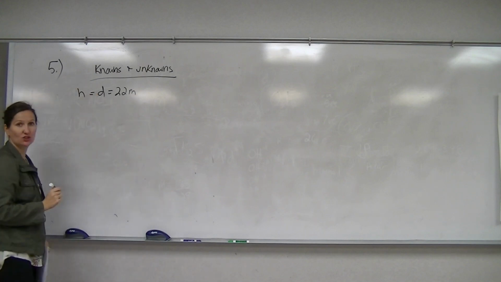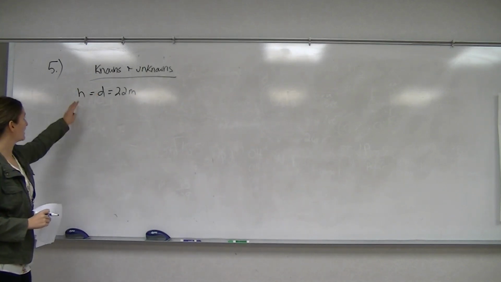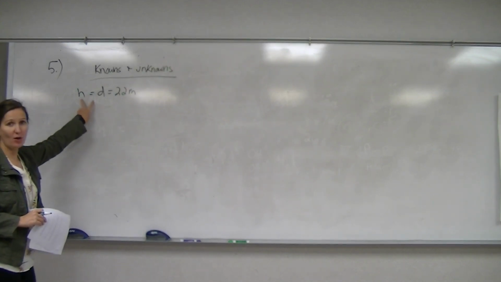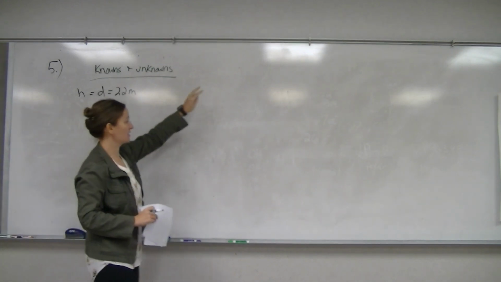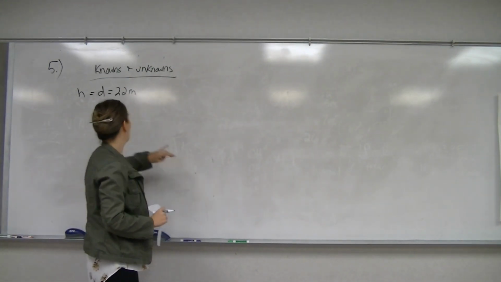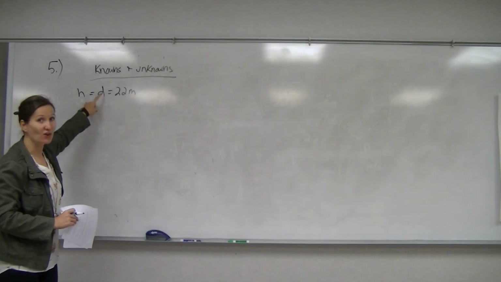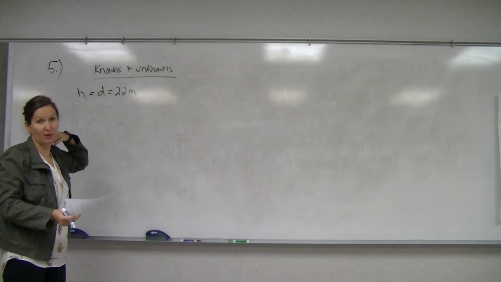Sometimes we use H for height. So it could be either of those variables when we're talking about the energy equation. So I'm just going to write both so that when I get to the step of picking what equation to use, I'll know that this number, 22 meters, represents either height or distance. They're both measurements of length.